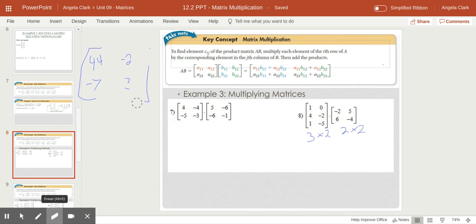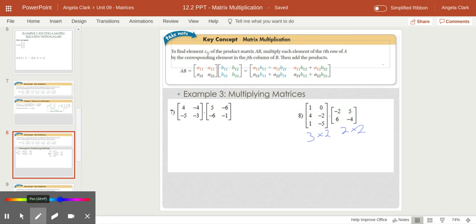All right. So the first thing we're going to do is first row, first column. That's always where we're going to start. First row, first column. So I'm going to do 1 times -2, which is just -2.